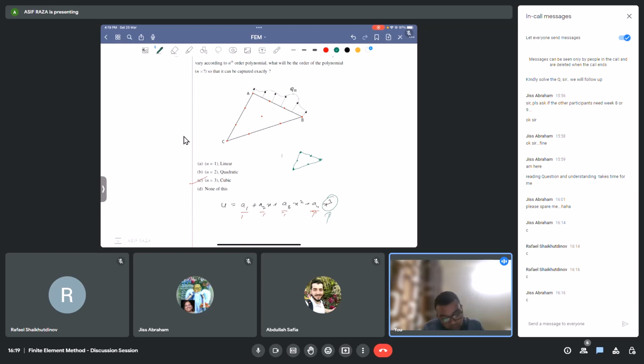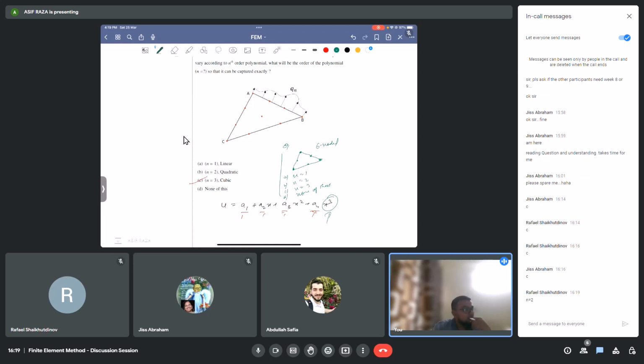What would have been the answer? n equal to 1, n equal to 2, n equal to 3, n equal to 4, or none of these. Guesses? Okay, so Rafael said n equal to 2, Jess has also said n equal to 2. So the answer would be n equal to 2 only.